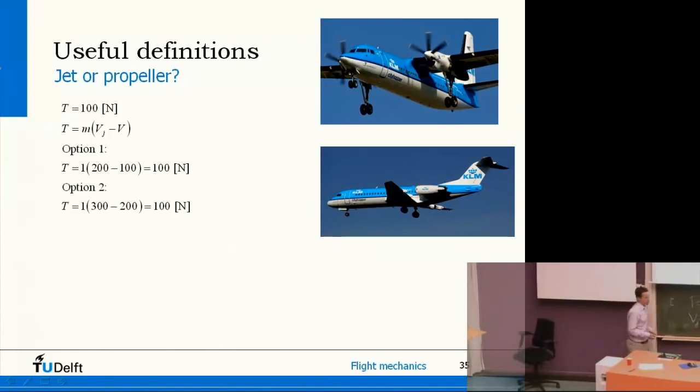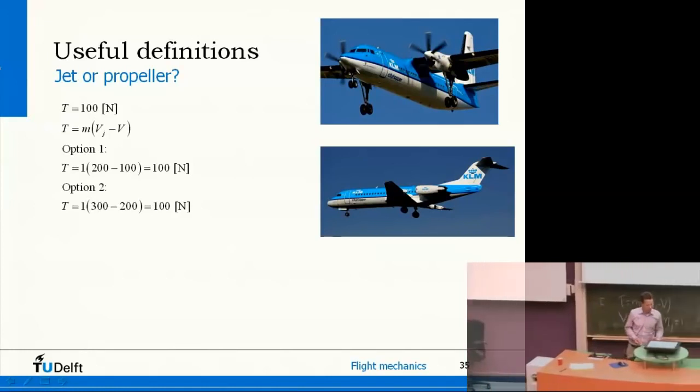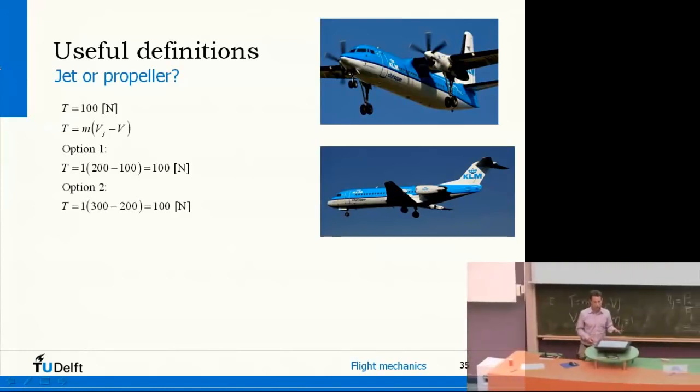But you can see immediately that the thrust is identical in both cases, but this ratio of Vj over V is not the same. Because in one case it's basically 200 divided by 100, which is 2. In the second case it's 300 divided by 200, which is 1.5.